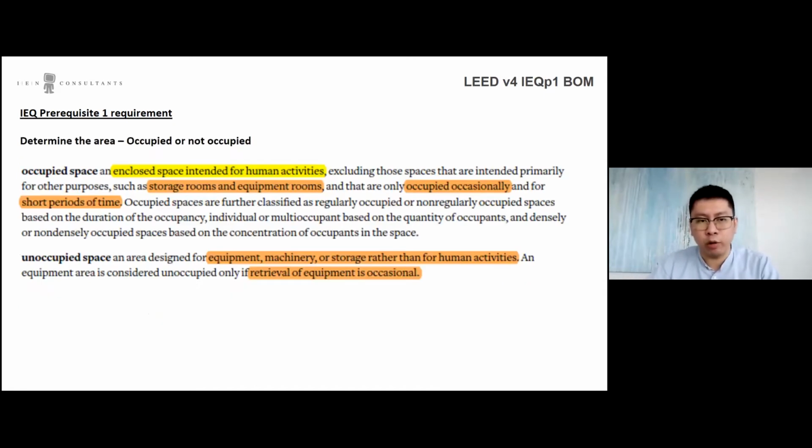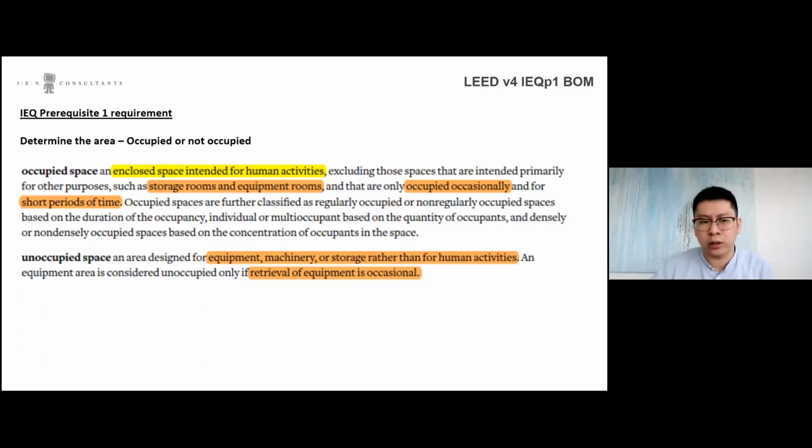After determining the area as mechanically ventilated or naturally ventilated, we must also determine whether the area is occupied or not occupied. In LEED, an occupied space means an enclosed space intended for human activities. So exclude spaces such as storerooms, equipment rooms, or those only occupied occasionally for a short period of time.